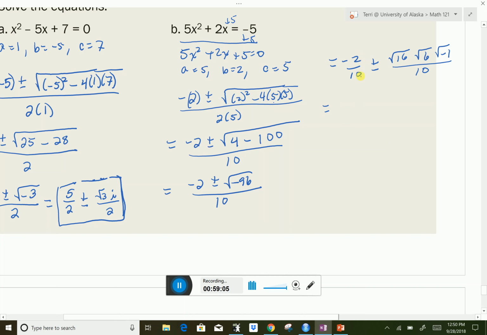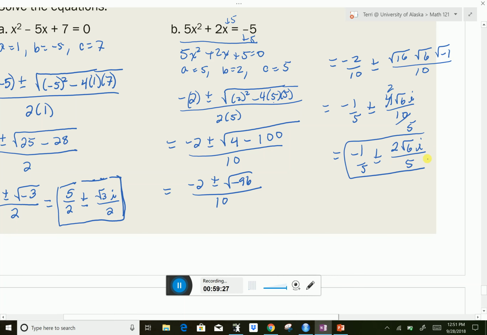So this becomes negative 1/5 plus or minus 4 root 6 i over 10. And then these can be reduced, so negative 1/5 plus or minus 2 root 6 i over 5. Okay.